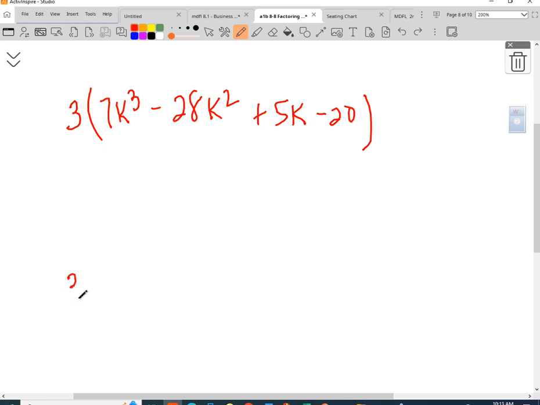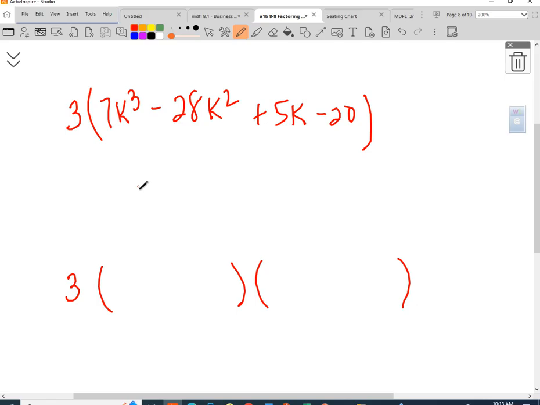So our final answer is going to be 3, and I would encourage you, when you have a greatest common factor like this, go ahead and write it in your answer blank, because kids forget to add this to their answer. If you forget the 3, the two binomials, when you multiply them together, won't equal that beginning expression.